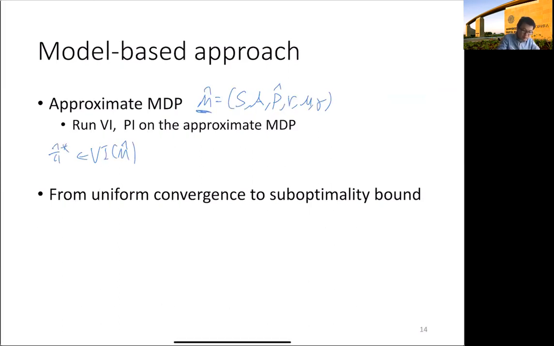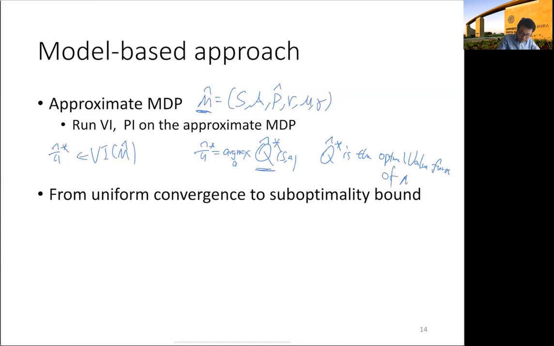So what this gives us is the optimum policy pi hat star, which is the arg max of the Q hat star, and Q hat star is the optimal state action value function, the optimal value function of M hat.